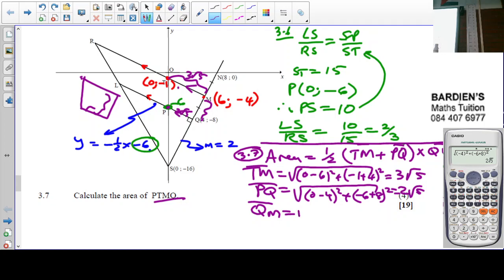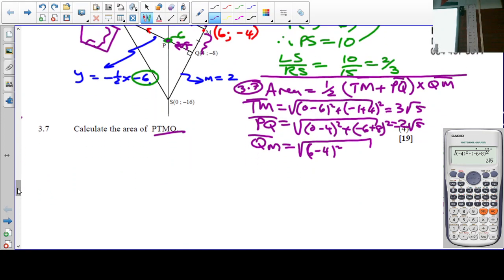Your perpendicular height here, QM: same story, distance formula. It's going to be 6 minus 4 squared plus negative 4 minus 8 squared.